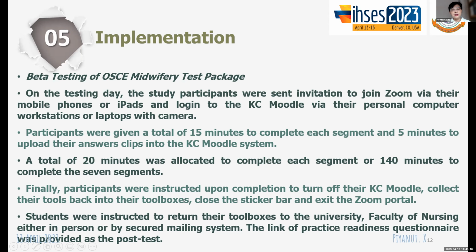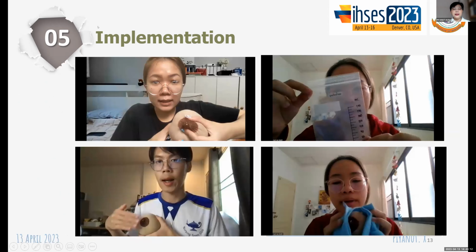This is an example when the student received a scenario about a mother who has a breastfeeding problem, such as engorgement, and her baby stays in the nursery, so she needs to preserve the milk and send it to the baby, and now she has breast engorgement.